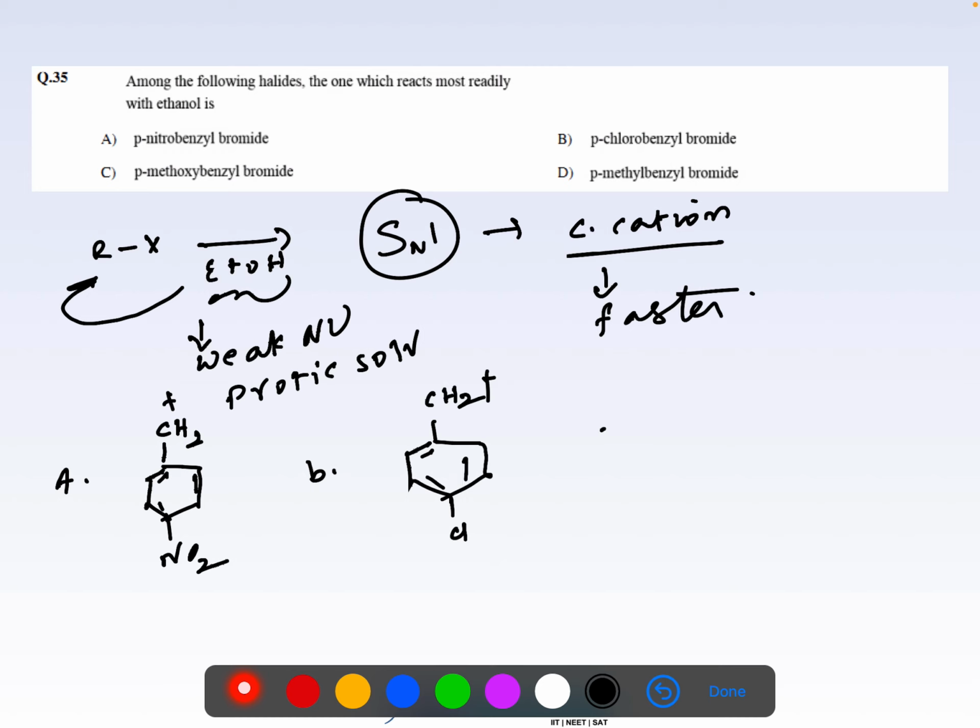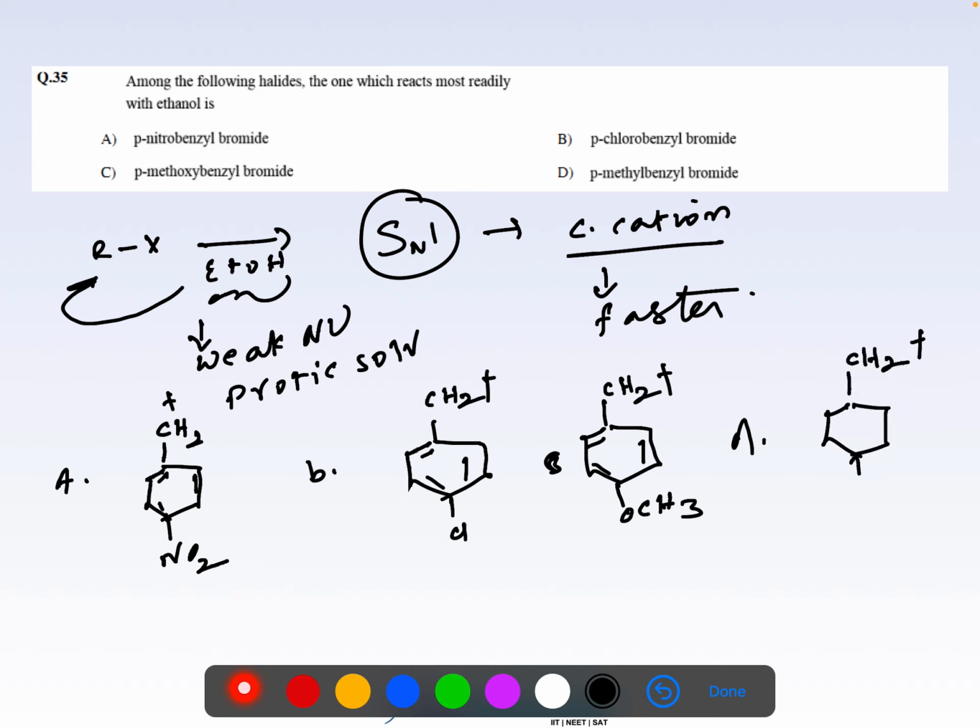Okay. In option C, there is a para methoxy. And in option D, you will be getting para methyl CH2 plus. There is a methyl group. See, NO2 is a minus M group, and this is a minus I group.